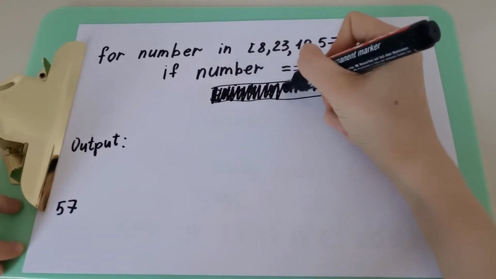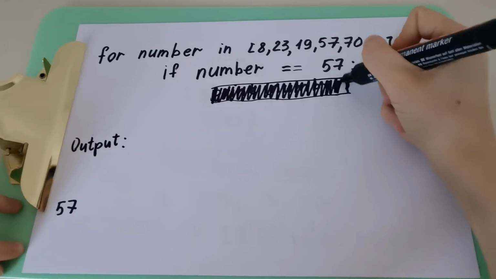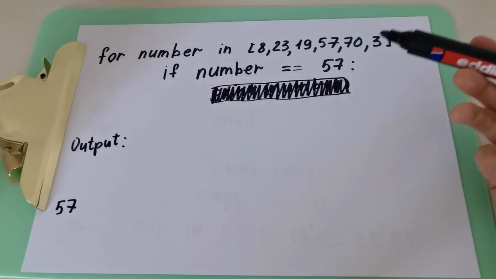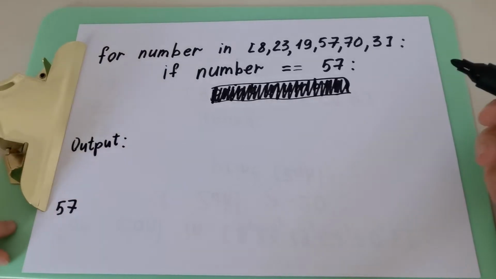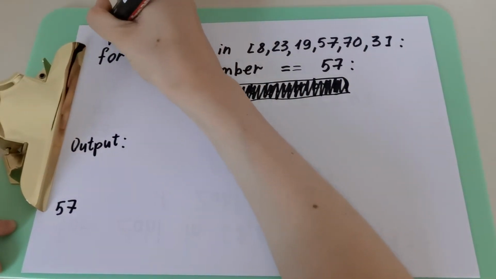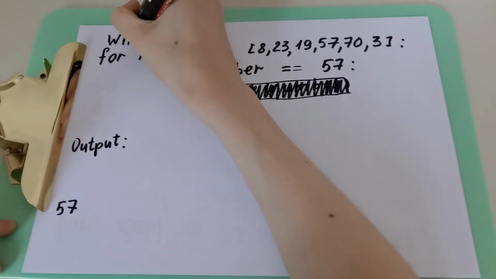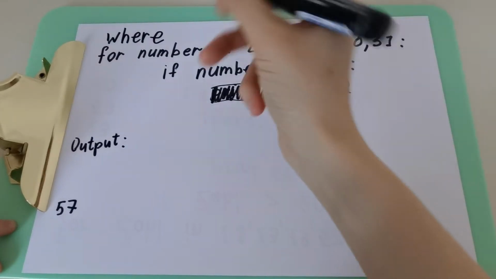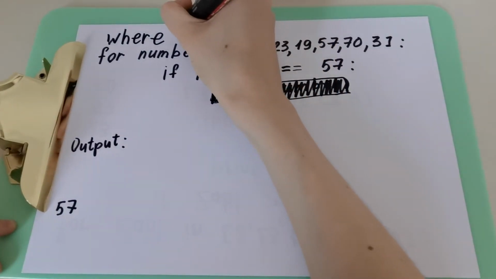This line doesn't exist, but this code is okay. We would like to know where 57 is. For that, we create a variable. Let's name it where. You can, of course, call it x, y as you wish, but I call it where.